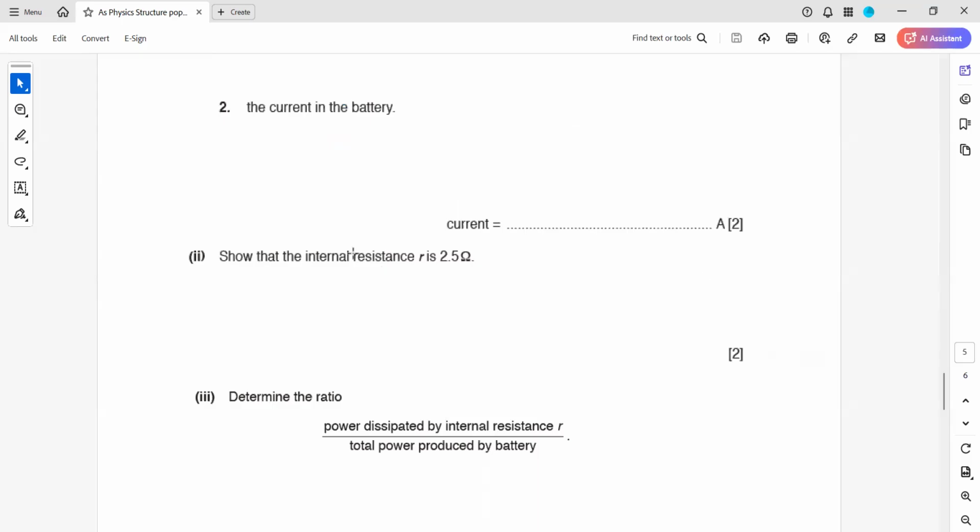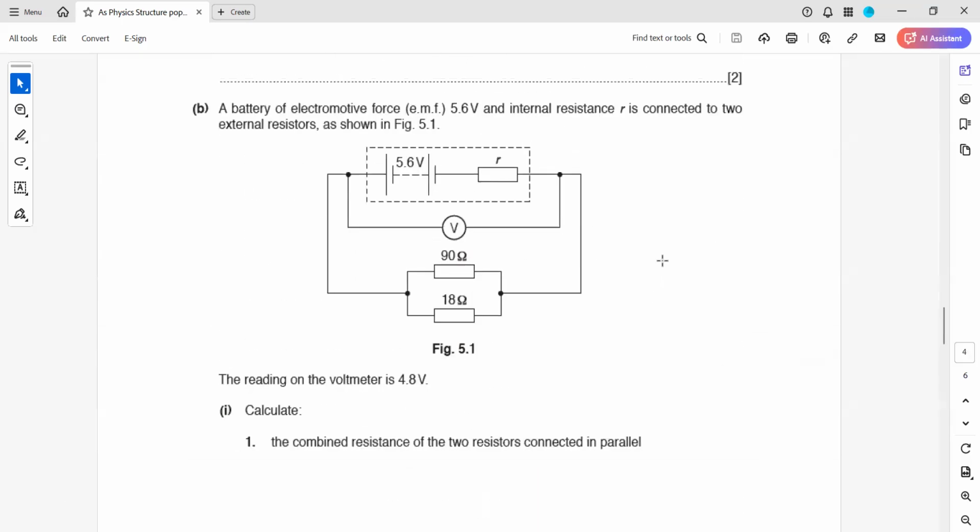Show that the internal resistance is 2.5. How do we show that? We already worked out that the current is 0.32 ampere. We know the voltage dropped here: the total is 5.6 and the output is 4.8, so this is 0.8 volts.